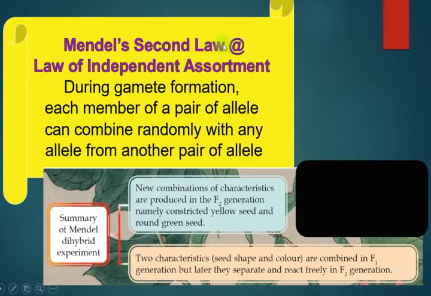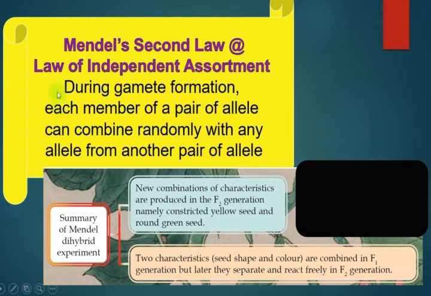The dihybrid inheritance that we have just discussed is referred to as Mendel's second law, or we can say the law of independent assortment. This law was introduced by Mendel. So what is stated by the law of independent assortment?